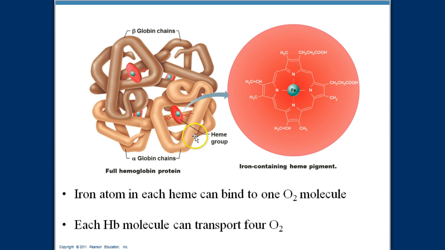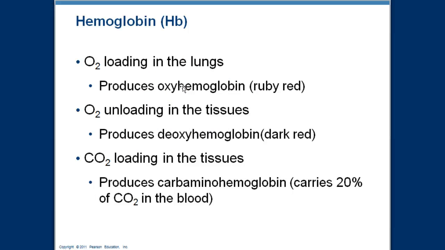You have 4 hemes in a hemoglobin, so each molecule of hemoglobin can carry up to 4 molecules of oxygen. And then you want to remember that there are billions of these inside every red blood cell. So a red blood cell can carry millions or billions of molecules of oxygen, but they're carried 4 at a time, max, on all of the hemoglobins.